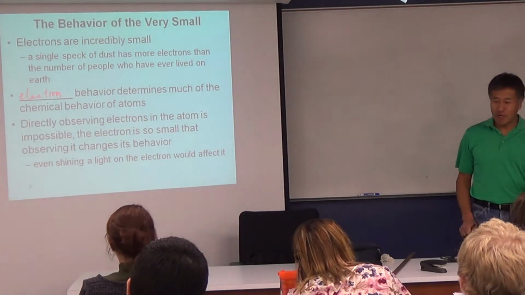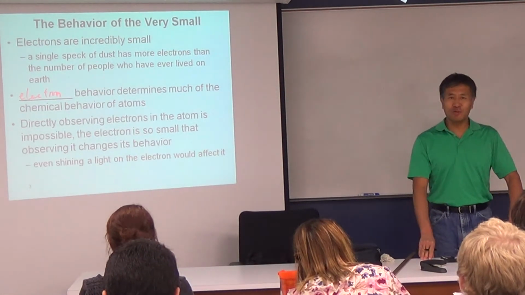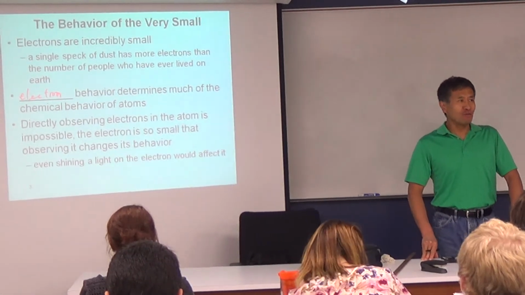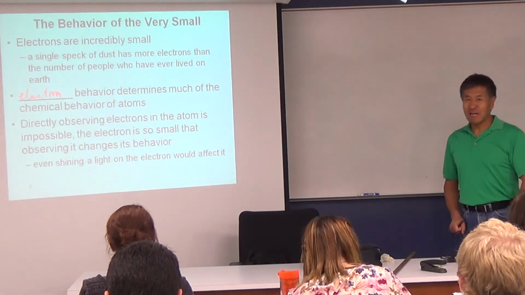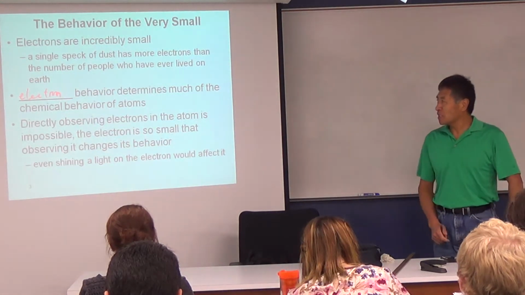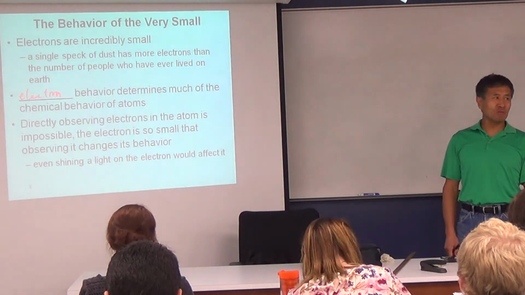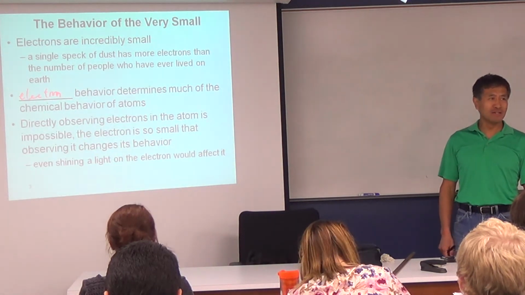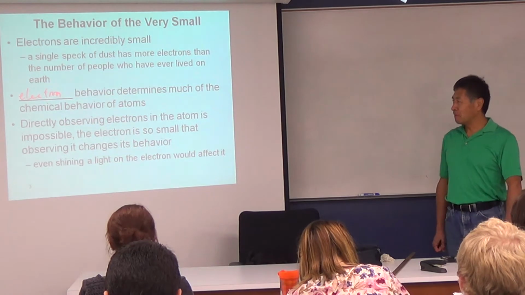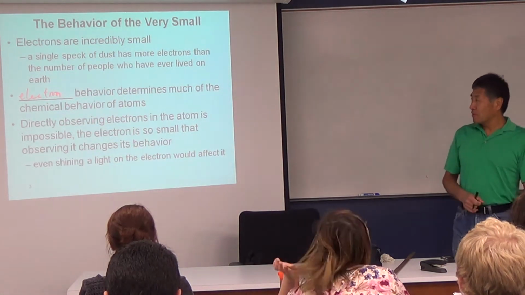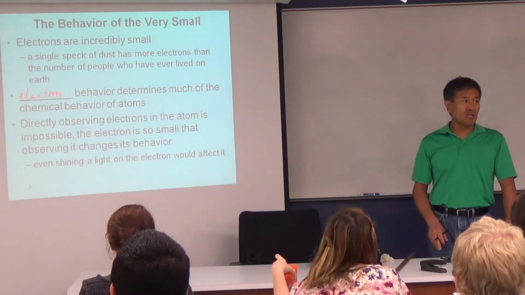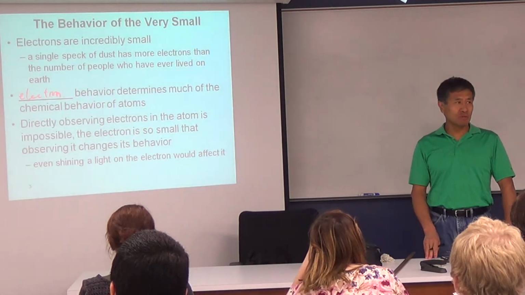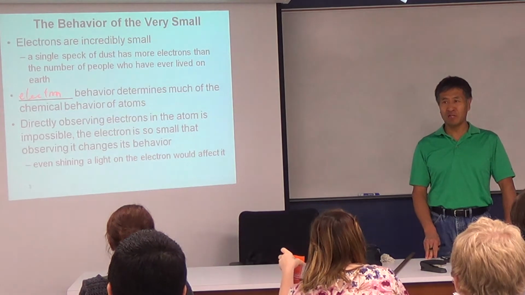Therefore, we try very hard to study the behavior of electrons. Then we find out that directly observing the electrons in the atom is very difficult. For example, even if you shine a light on the electron, that will affect the electron, and that will change the electron's behavior.